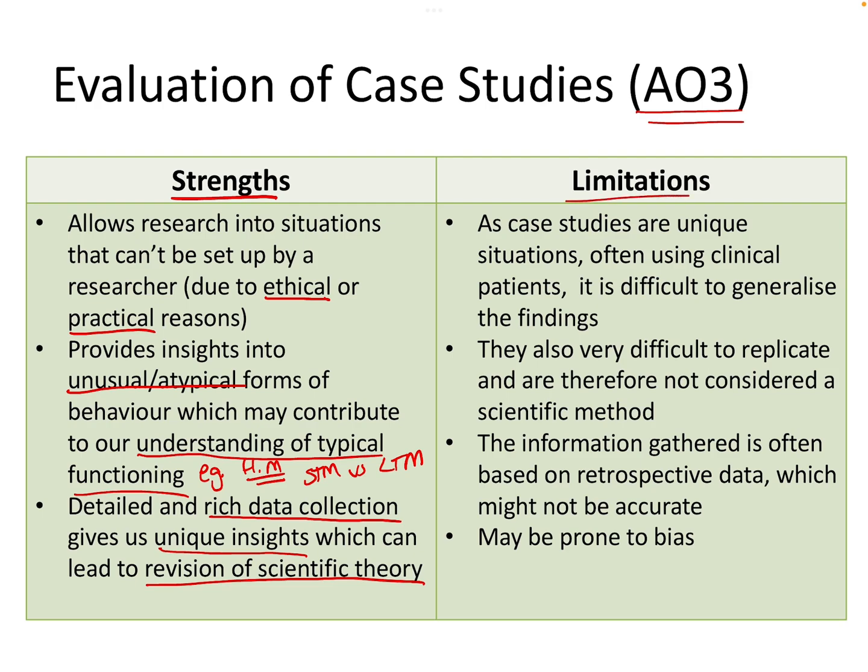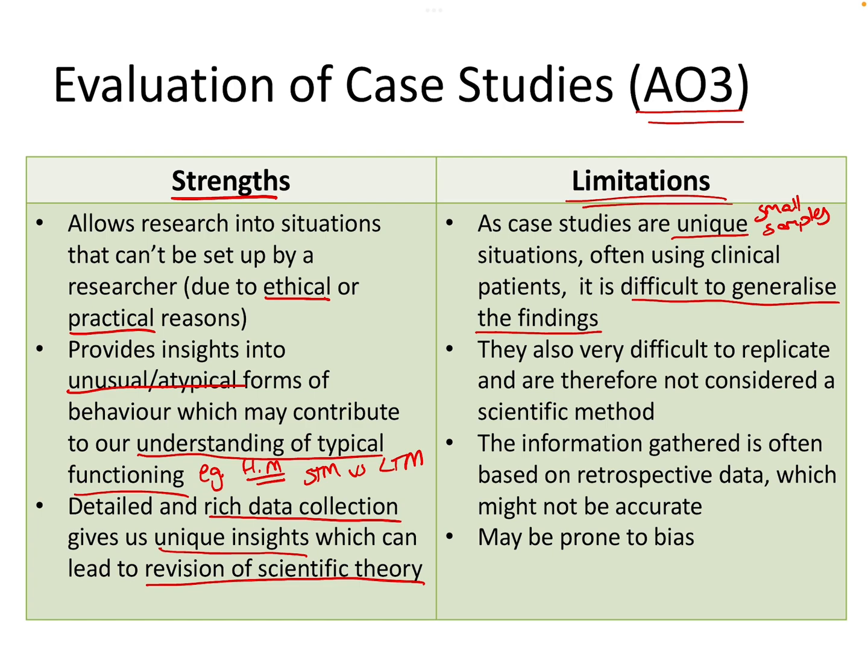However, there are some limitations. Because we're studying unique people, we're often studying really small samples, sometimes just one person, sometimes just a small number of people, and they're often unusual or unique in some way. It means that it might be really difficult to generalize their findings to the general population.